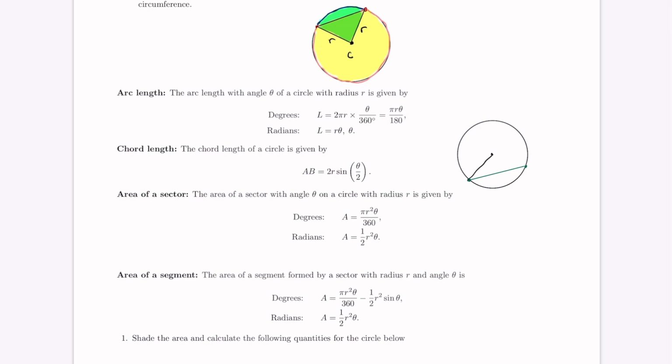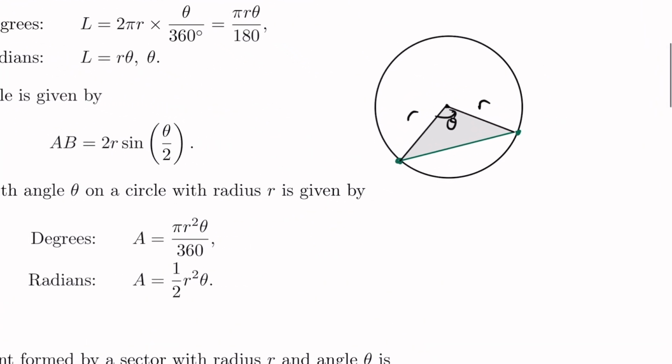If I draw these radii over here and over here, and you have some angle here, theta. If I zoom in a little bit, I'm going to split the triangle down the middle. So we know that each of these angles are now theta on 2 and theta on 2.